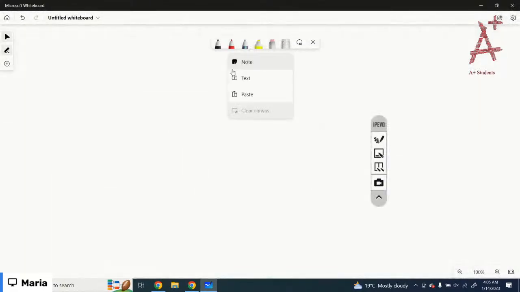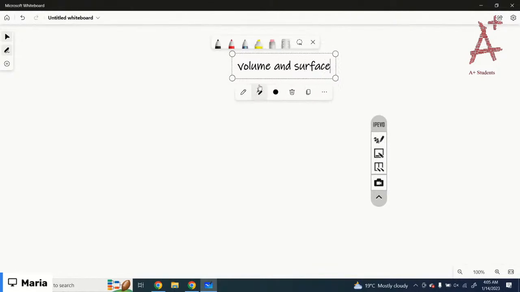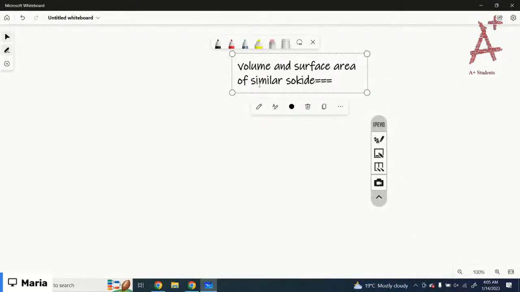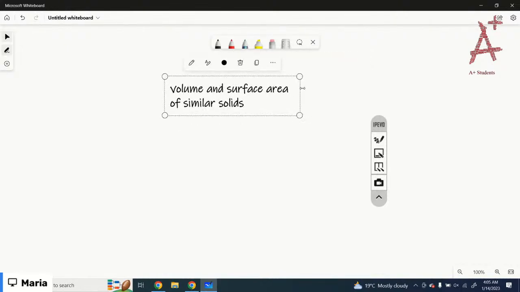Okay, the first lesson is volume and surface area of the similar solids. Okay, let's start with the lesson. The lesson name is volume and surface area of the similar solids.